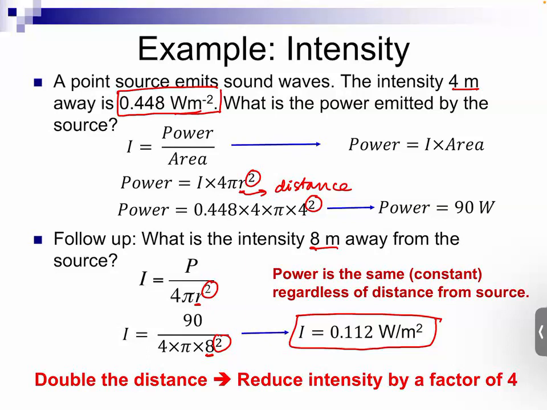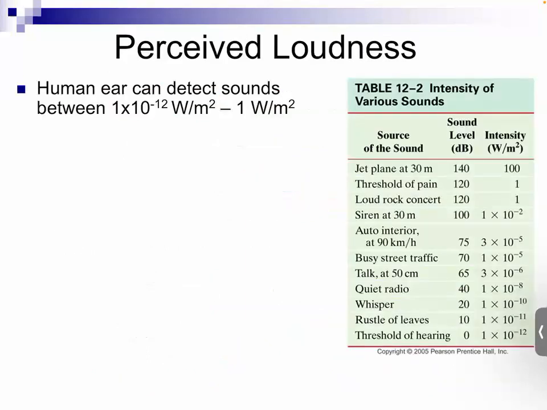Right, so intensity refers to how loud the sound is. And the human ear can detect a very wide range of intensities, from 1 times 10 to the minus 12, a very small intensity, to 1 watt per meter squared. This 1 times 10 to the minus 12 is the threshold of hearing.